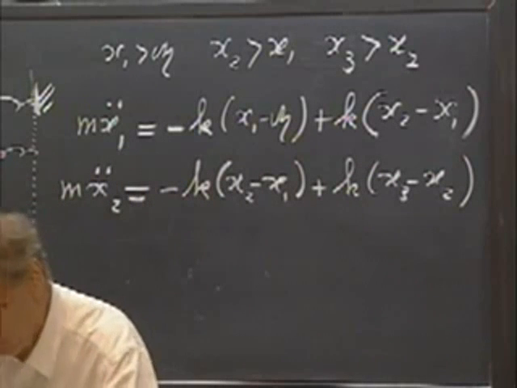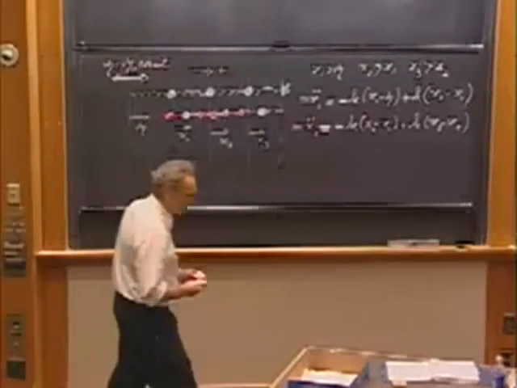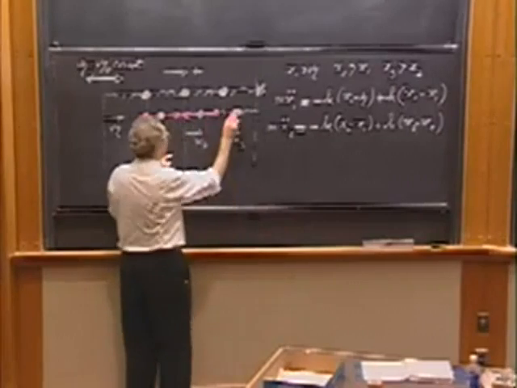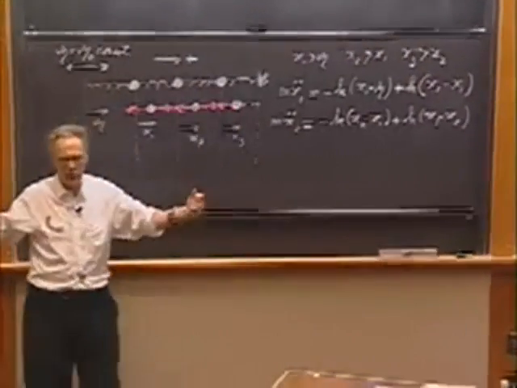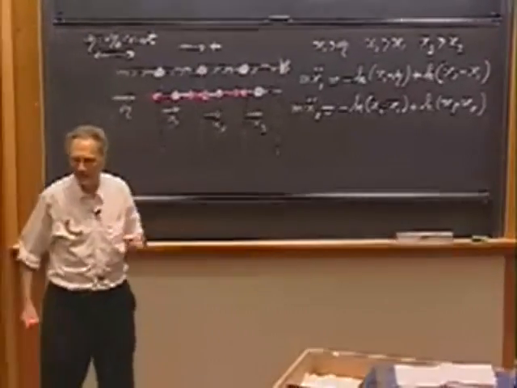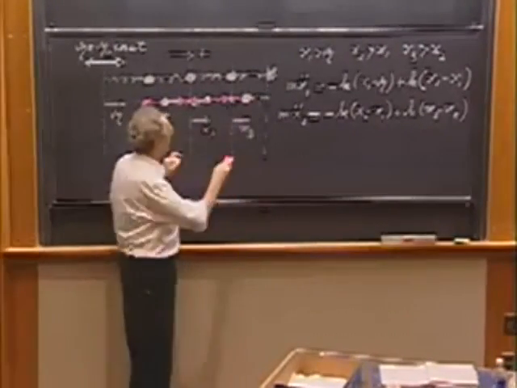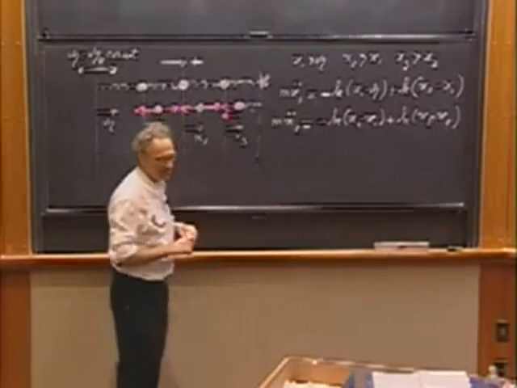So now I go to the next object. This object here will experience a force to the left, because this spring is longer than it wants to be, so it wants to contract. But this one is pushing. So therefore, the force due to this spring is now also in this direction, because the end is fixed.